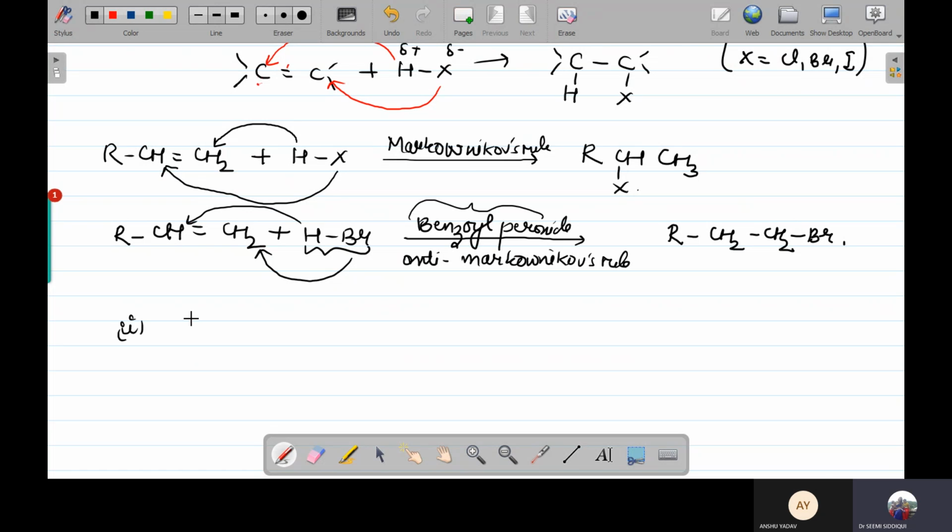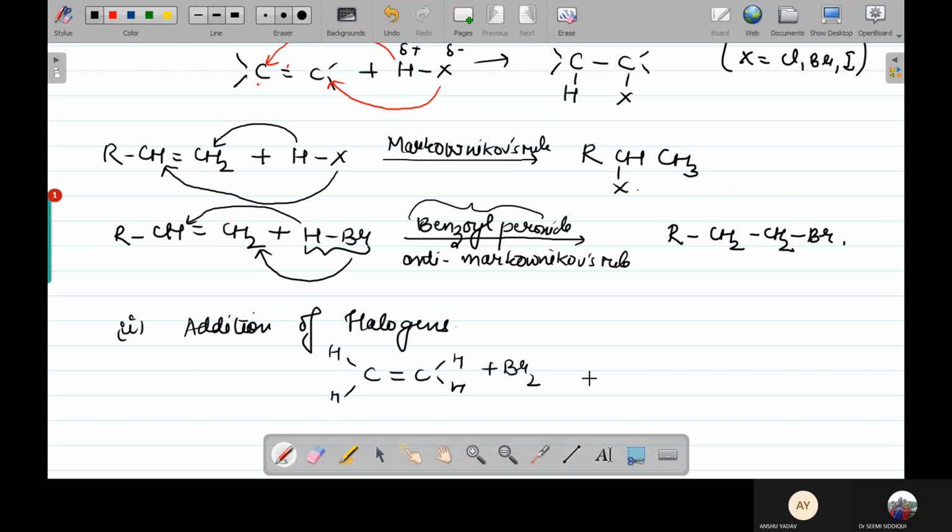Another reaction can be what? That is the addition of halogens. When we have an addition of halogens, we take an alkene and make it react with Br2.